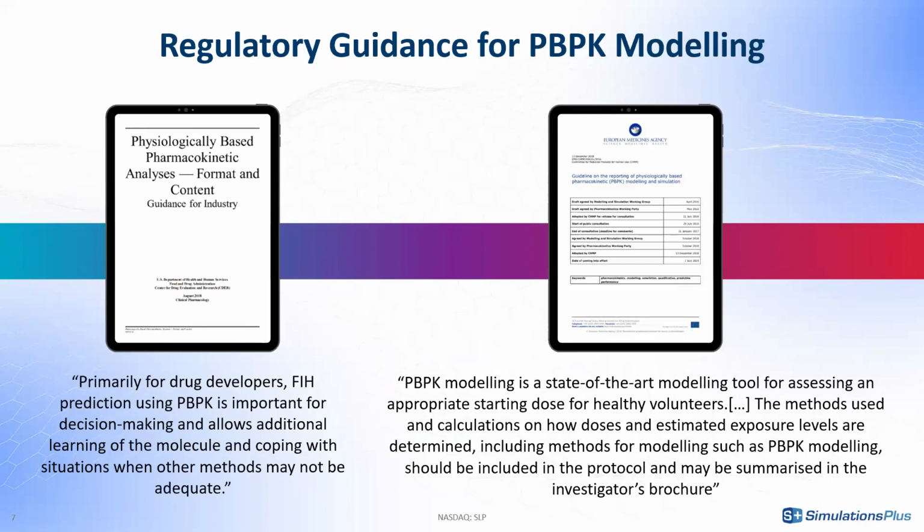The FDA states that FIH prediction using PBPK is important for decision makers, and also that it allowed additional learning of the molecule, and that PBPK modelling may cope with situations where other methods may not be adequate. And the EMA noted that PBPK modelling is a state-of-the-art modelling tool, and that the methods used should be included in the protocol and may be summarised in the investigators' brochures.